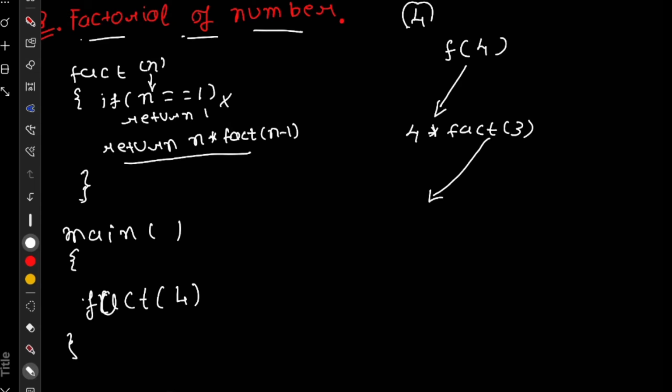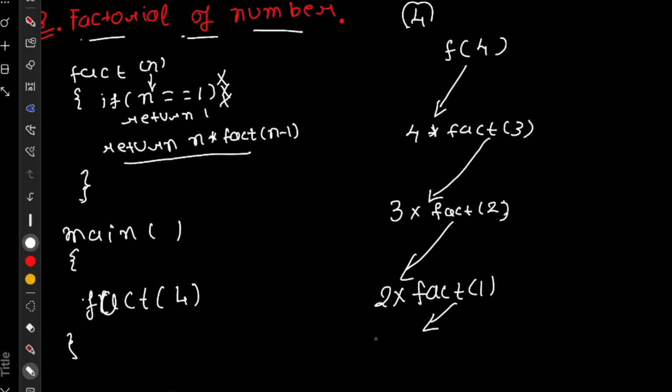Inside this function, the if condition is false, so it will return 3 into factorial of 3 minus 1, meaning 2. Again this function is called for 2. Inside, 2 is not equal to 1. This condition becomes false. This function will return 2 into factorial of 1. Again this function is called for the parameter 1. The condition becomes true. So it will return 1, and from here the recursion tree moves backward, and this is called backtracking.